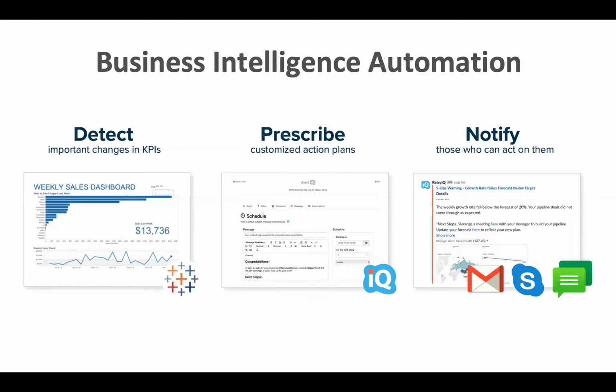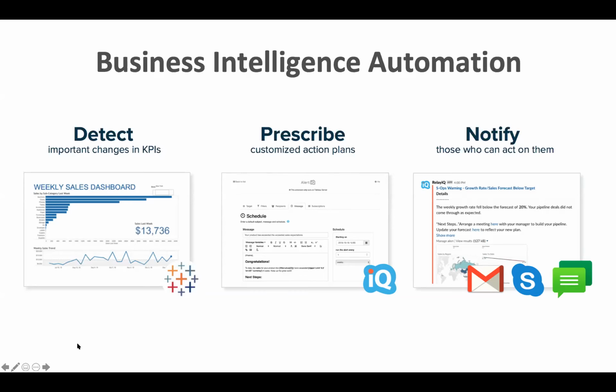And how do you notify the right person or machine in their workflow to take that action? So we've seen these three steps are all critical: detection of the outliers, prescriptions and notifications. Again, today we'll focus our time on the detection piece mostly, and we'll have other workshops focus more on prescribe and notify as well.